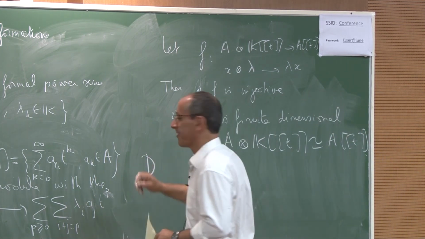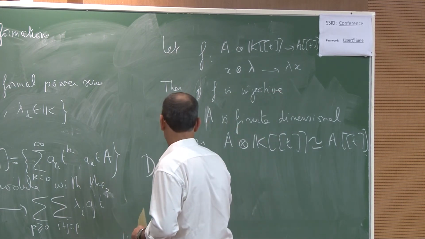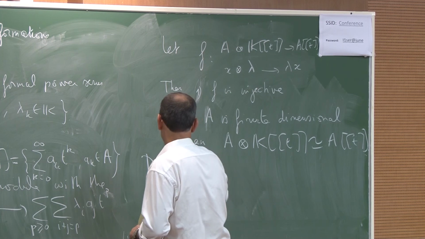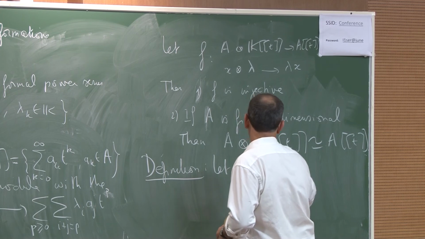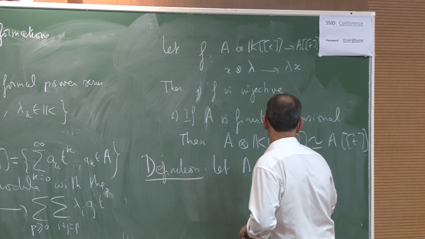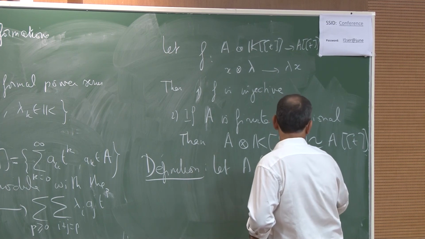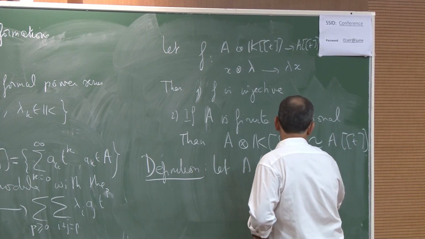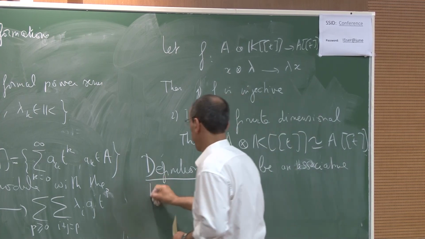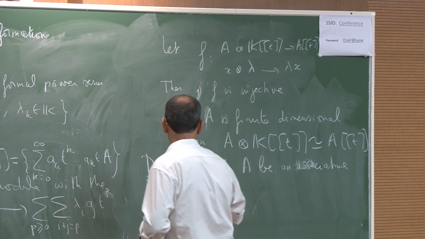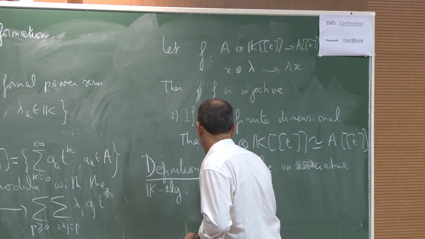Then how to define now the formal deformation definition. Let A be an associative K algebra, an associative K algebra.